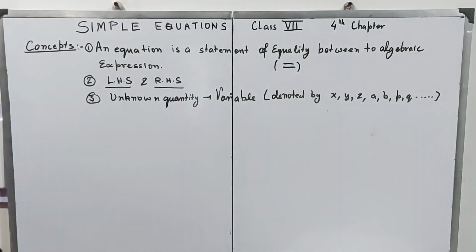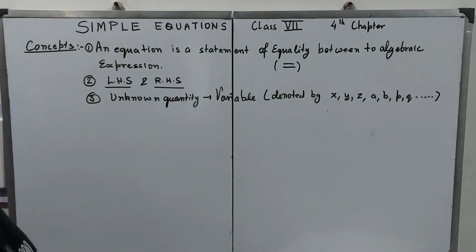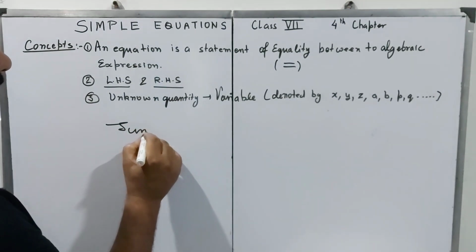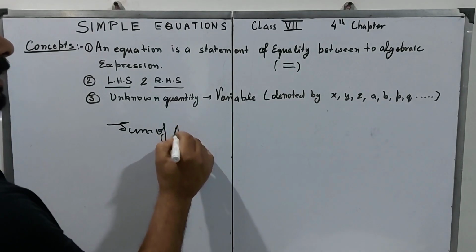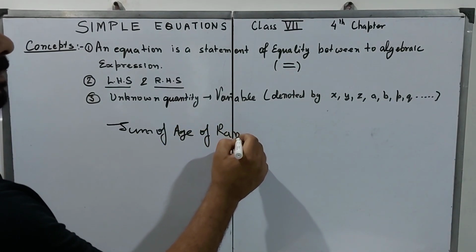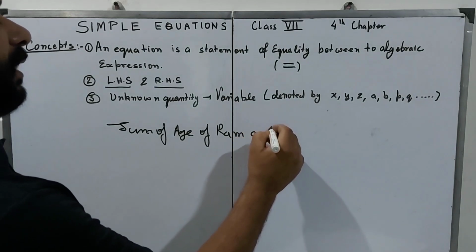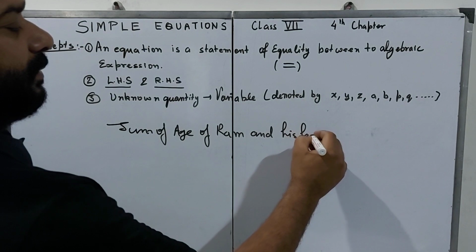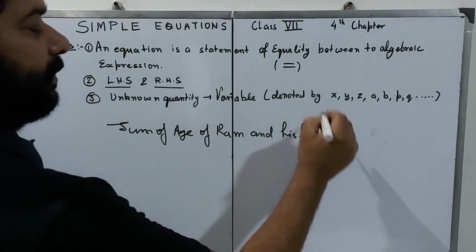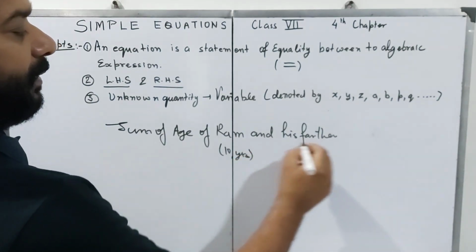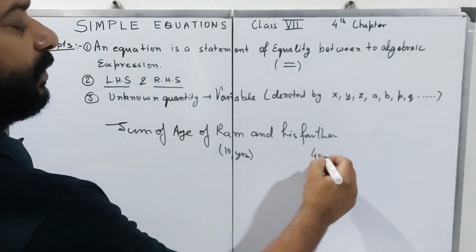So first of all, we take one example. Suppose the sum of the ages of Ram and his father. Ram is 10 years old, father is 40 years old.